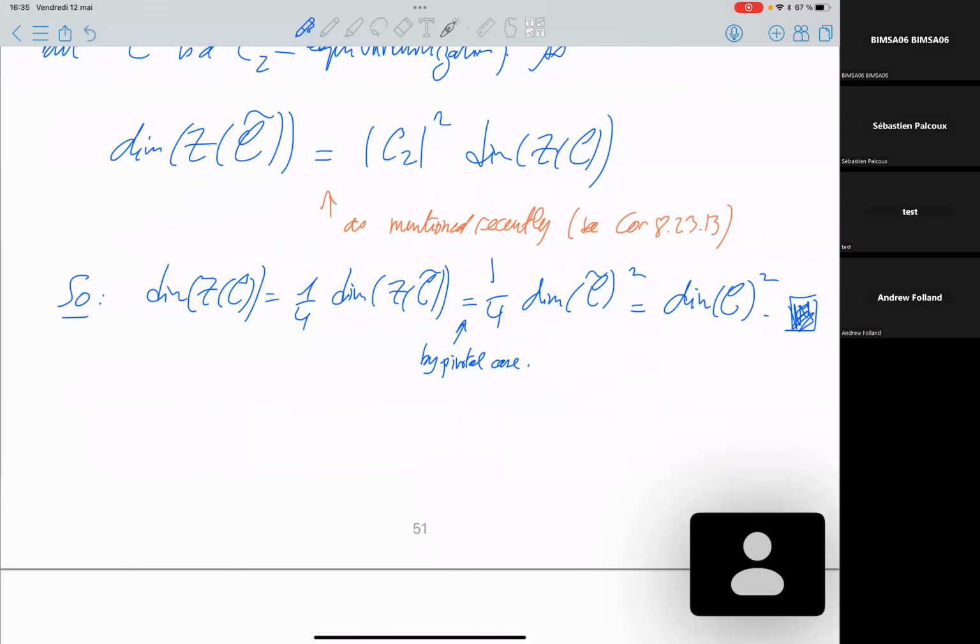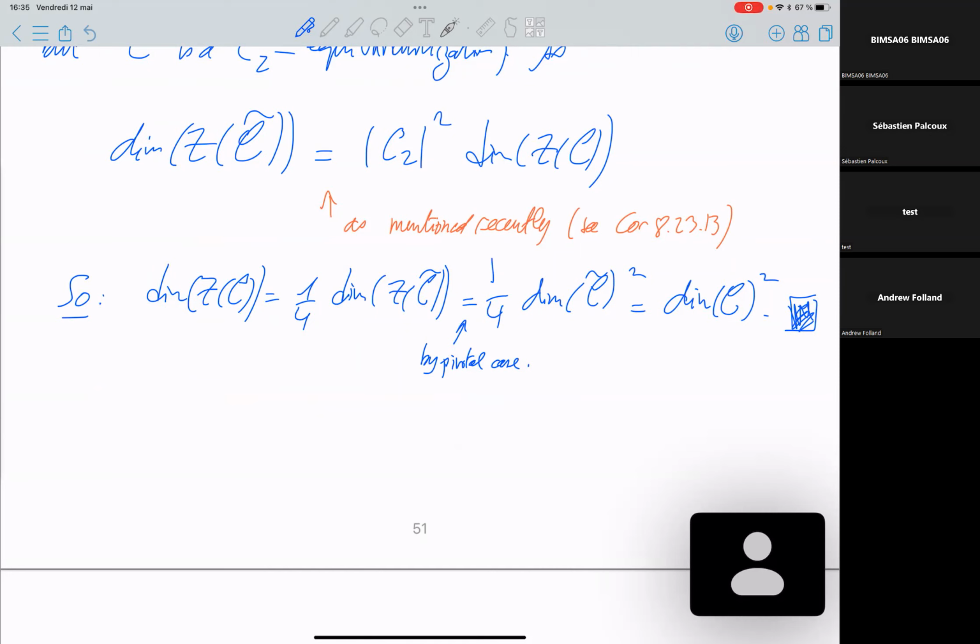So, where are we? Here. This corollary is very important.